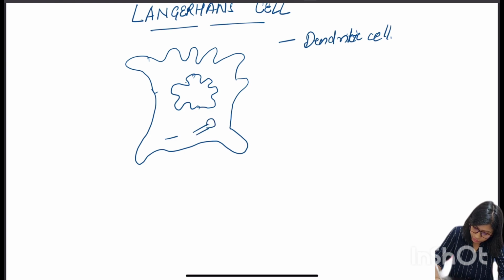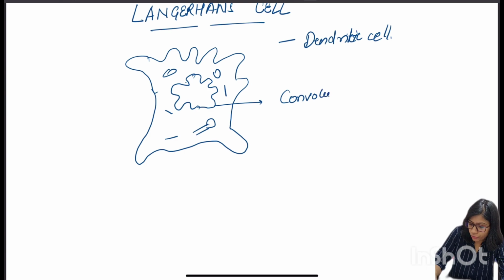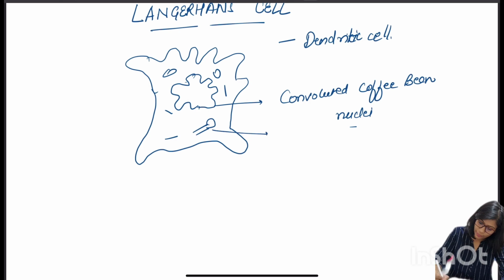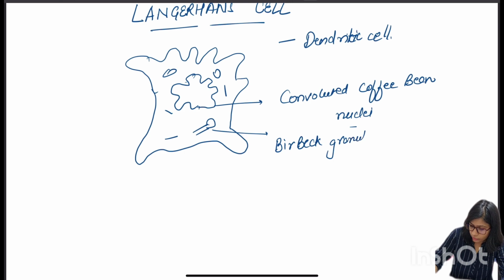Here we have few bodies, cell organelles, and this convoluted coffee bean nuclei. And we have these granules known as Birbeck granules.